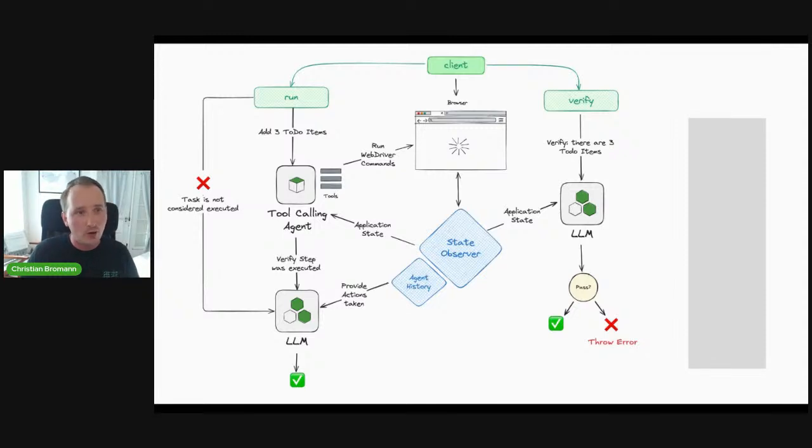It would use the WebdriverIO interface to interact with the browser and verify whether or not it has executed that step correctly by looking into the browser state and the agent history to understand, hey, I've done everything that the user wanted me to. I can pass my step, or I can say, okay, I didn't do what I was supposed to do, and I just rerun the whole process again.